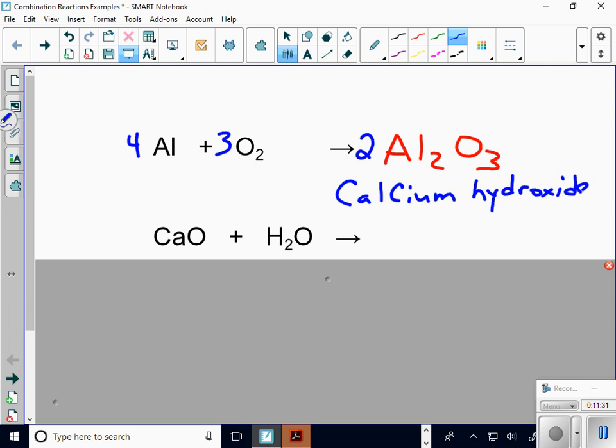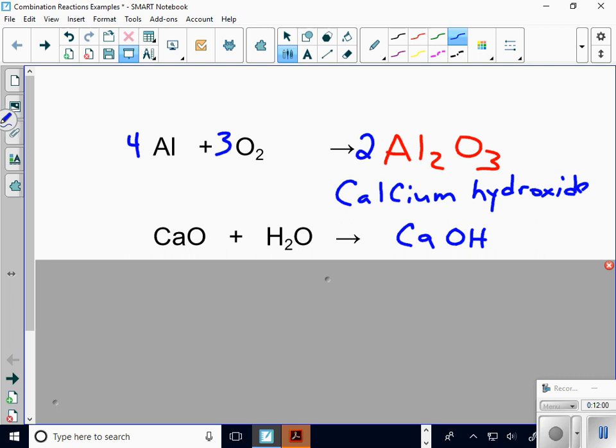Now, how am I going to write the formula for calcium hydroxide? Ca, what's hydroxide? OH. Is that it? Is that calcium hydroxide? You're shaking your head.